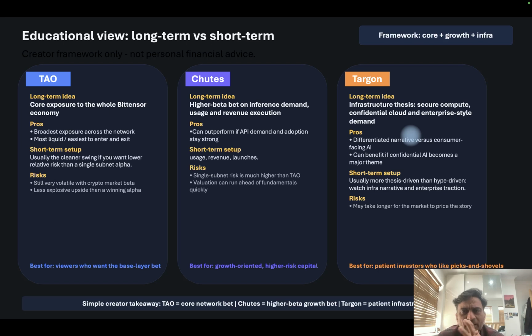Shoots is a higher beta bet on inference demand, which is increasing. Let me tell you one interesting thing about Shoots. When it was free, it was being used very heavily, and I think there was a day when it was used 160 billion tokens per day when it was free.